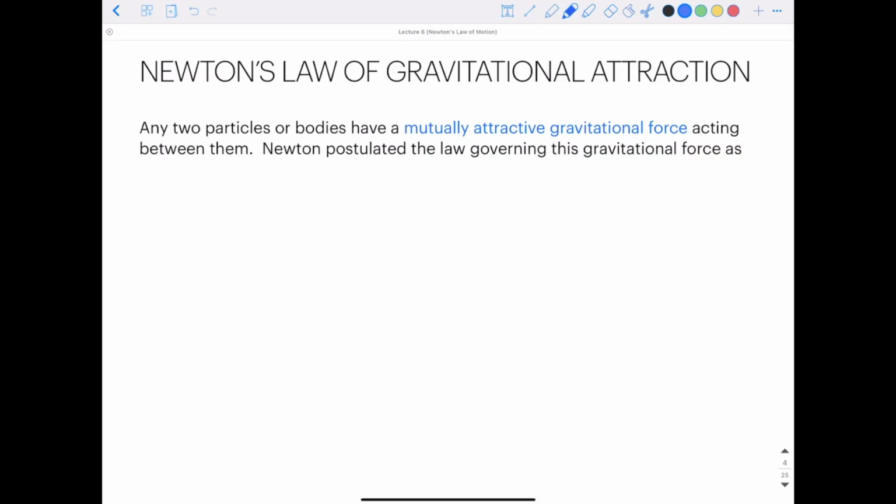And Newton postulated that the law governing this gravitational force could be written as: the force due to gravity between two objects is equal to the universal constant for gravitation times the mass of one object times the mass of the second object, divided by the distance between those two objects' centers squared.